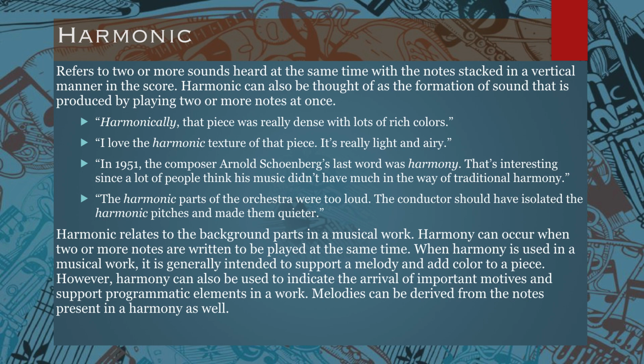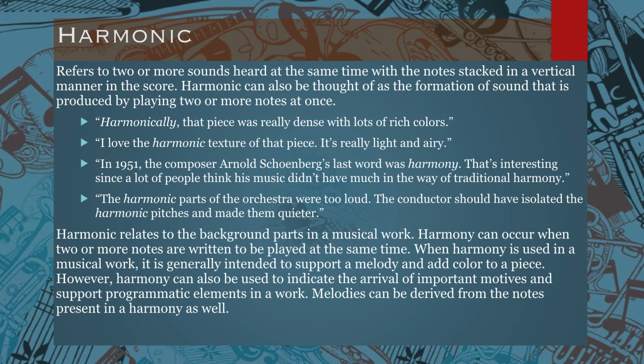So harmony can be used to indicate the arrival of important motives and support programmatic elements in a work. Melodies can be derived from the notes present in a harmony as well. So what that means is if you have a piece that starts out with a chord, maybe it's a unique chord, maybe it's a standard chord, and then the melody takes those notes in the chord, in the harmony, that were all played at the same time, and it plays them one at a time from the bottom to the top as one possible example.